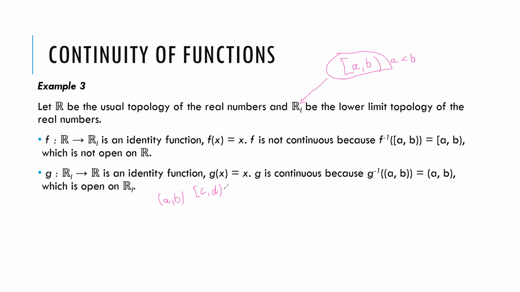The only problem is how you can write (a, b) as a union of these intervals. So how can you exclude one point? Any idea?